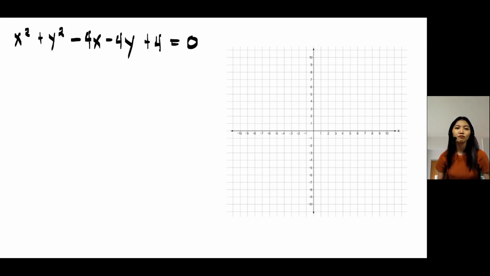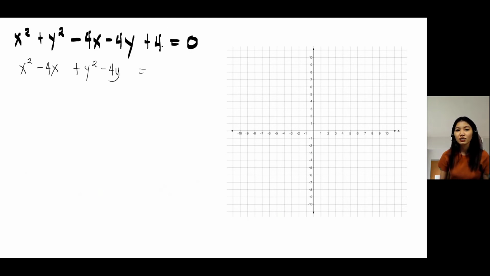Again, to transform this general form into standard form, arrange, pagsamasamahin si x, pagsamasamahin si y. So that is x squared minus 4x, plus y squared minus 4y. And this constant ililipat sa kabila.